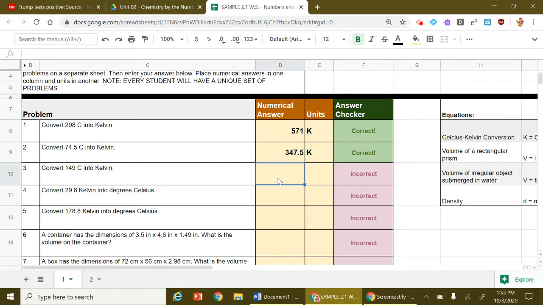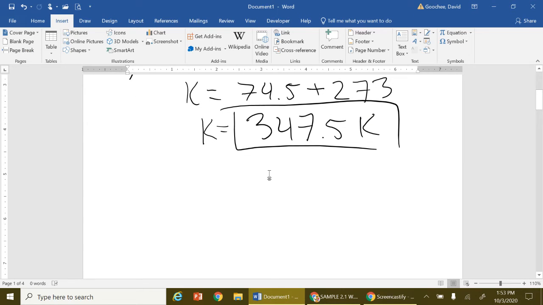Okay, guys, on to number 3. Convert 149 Celsius into Kelvin. So write down the Kelvin Celsius conversion equation.